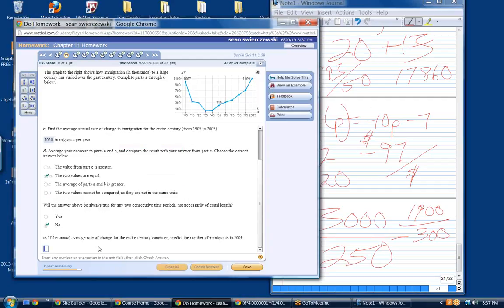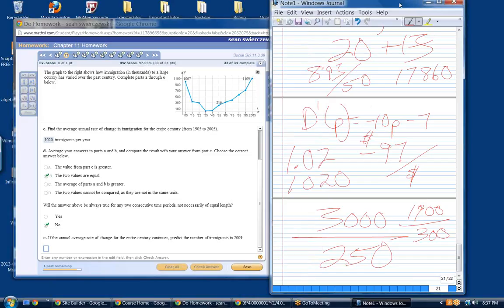The average annual rate of change for the entire century continues. Predict the number of immigrants in 2009. Okay, we have an average annual of 1,020 in 2005, so 4 years. In other words, they're saying 80. Yeah.